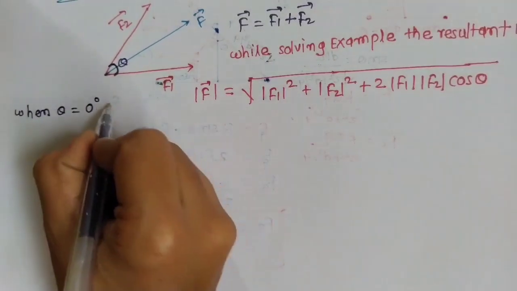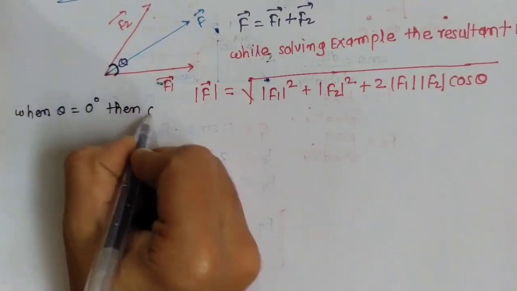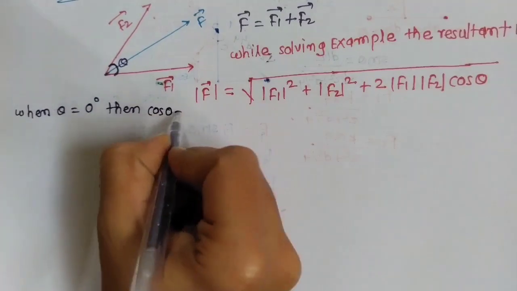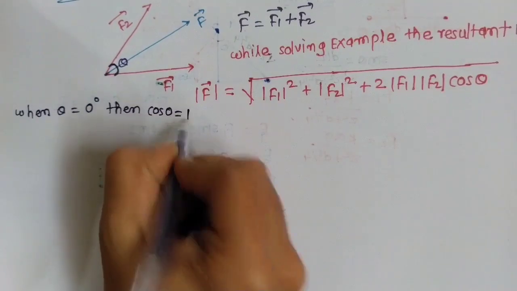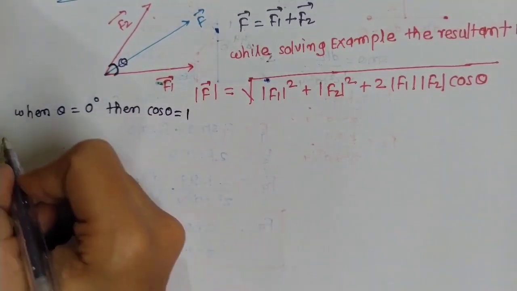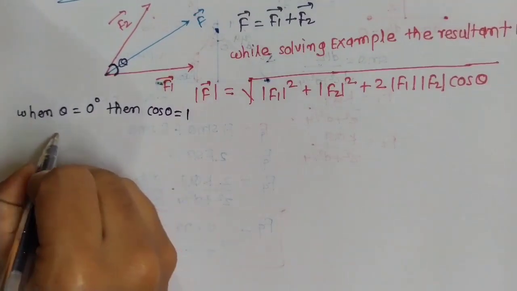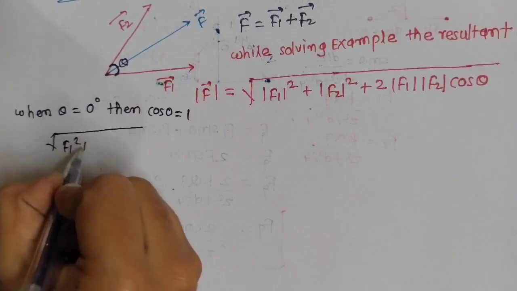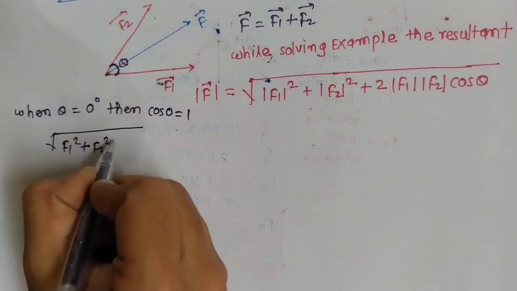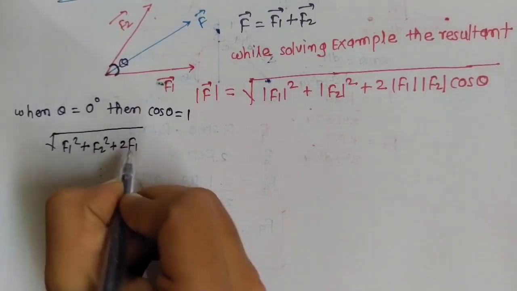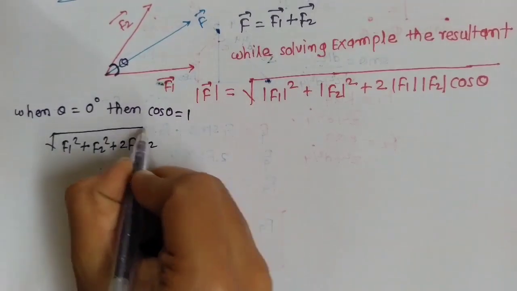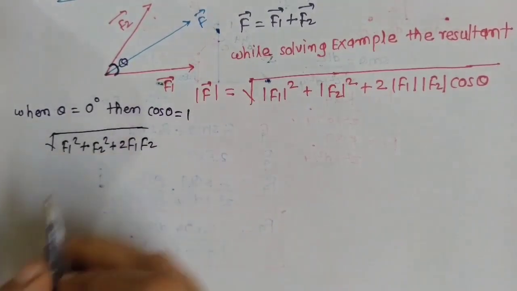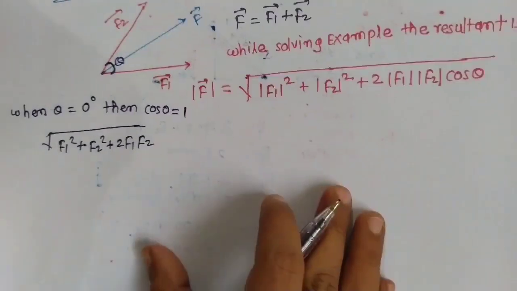When theta is 0 degree, when this angle is 0 degree, then cos 0 is 1. Then the resultant vector F bar becomes F1 square plus F2 square plus twice F1 F2, and this cos theta is 1.